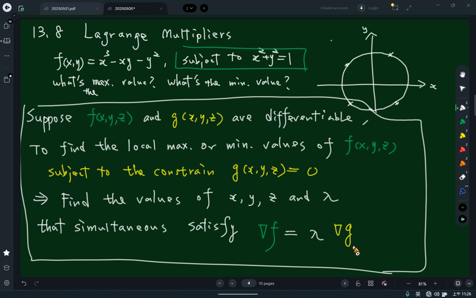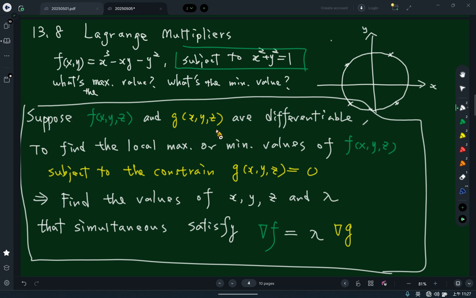Okay, so let's introduce carefully one by one. Just notice that you will be given two functions. One is f, the other one is g. f is your target function. You want to evaluate its function value, but g of x, y, z just provides the constraint.